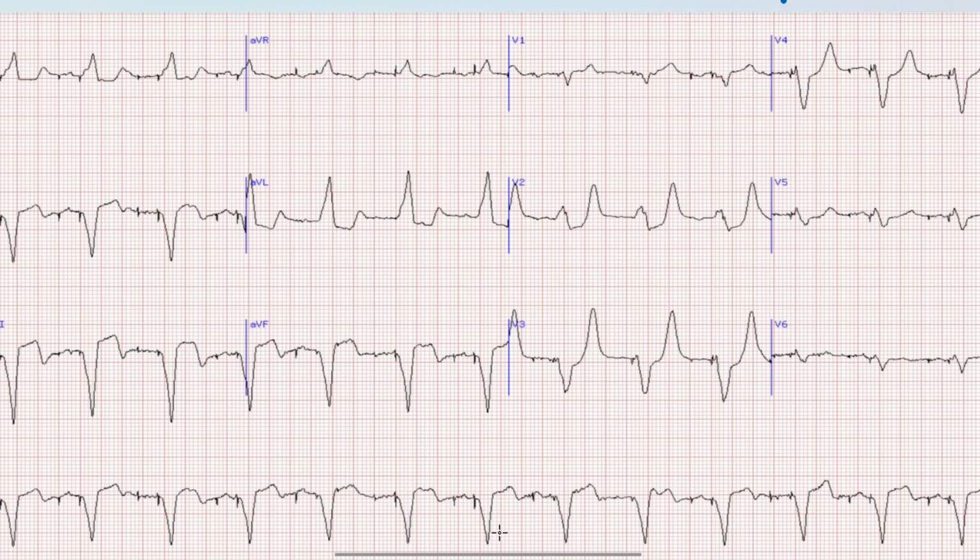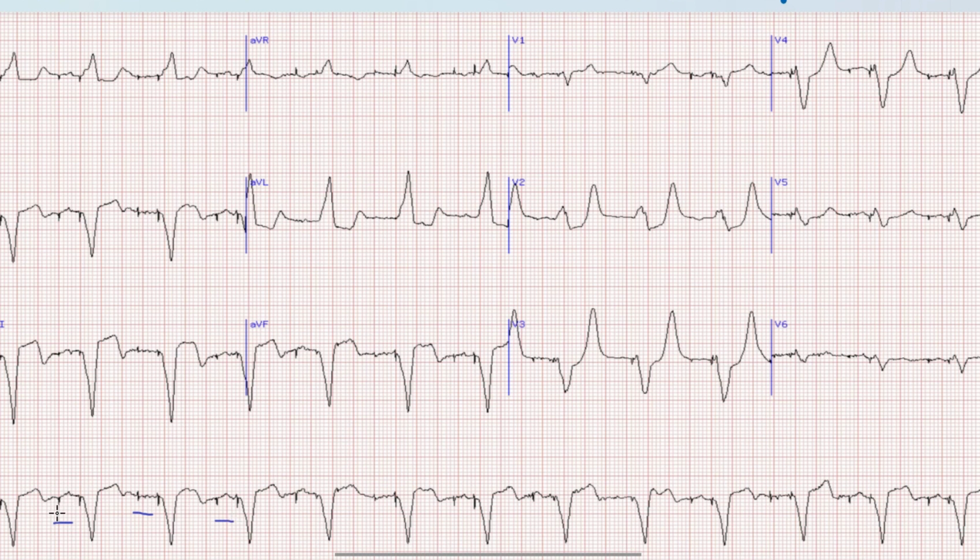The most prominent finding on this ECG which you can appreciate is that if you look at the rhythm strip at the bottom of the ECG, you can find two spikes before each QRS complex. Here you can see that each QRS complex is preceded by two spikes.